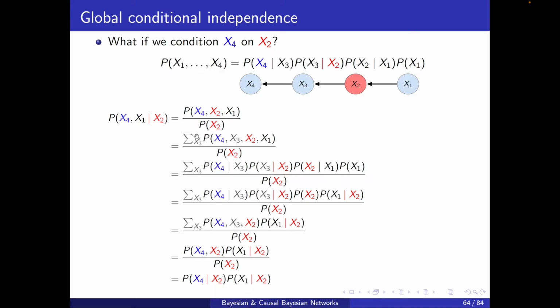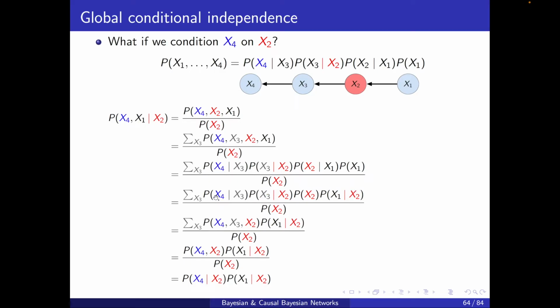So I need to sum the term over x3, marginalizing it. By doing that, I can factorize it. So I will have this term, and then I will do a trick here. I have x2 conditioned on x1. At the end, I need x1 conditioned on x2. So I will just reverse the direction by replacing these two terms by this, based on the Bayes rule. Okay, so we'll end up here.